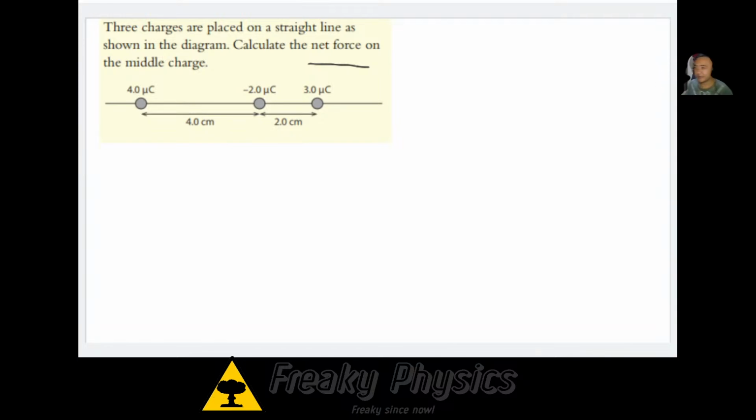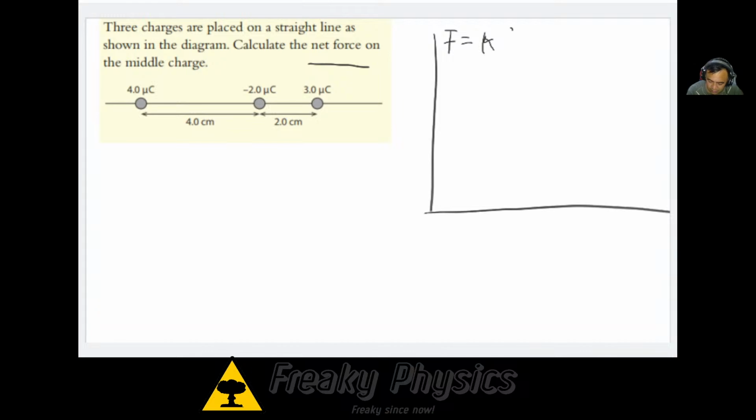Okay, hi. Also, I was wondering, what's the thing where you combine Coulomb's law and the electric field strength equation? Oh, let me just do that real quick here. So Coulomb's law, let's write that here. F equals K Q1 Q2.